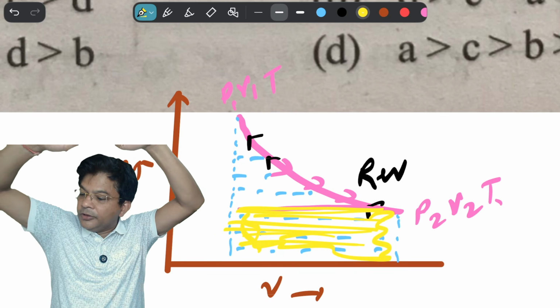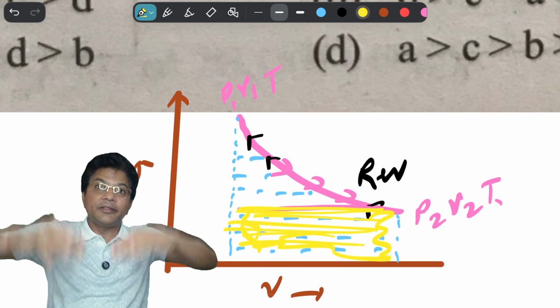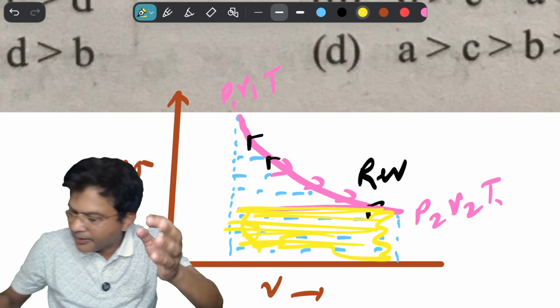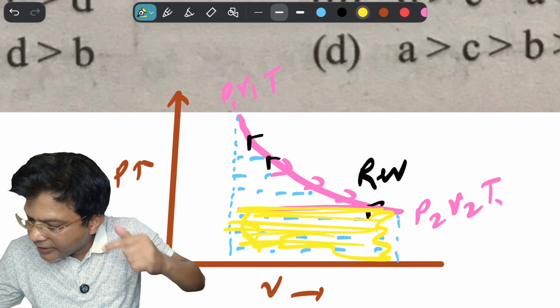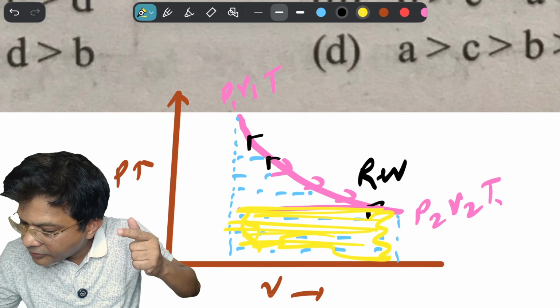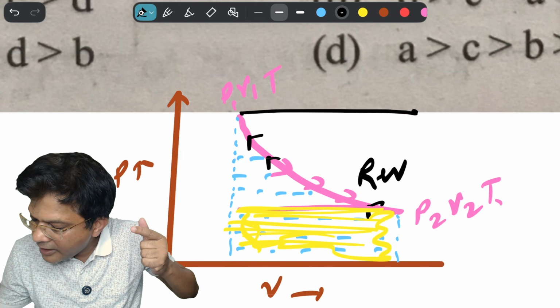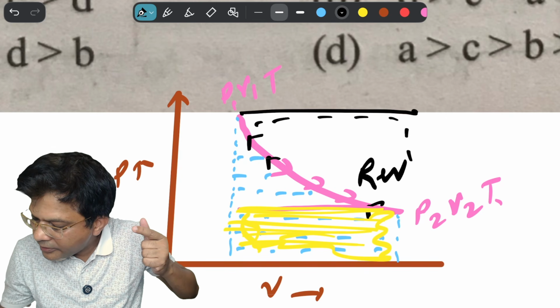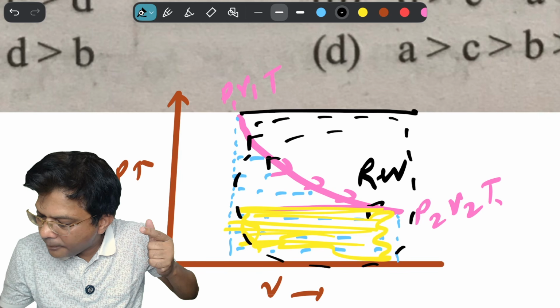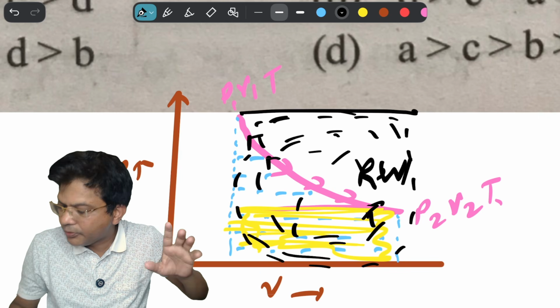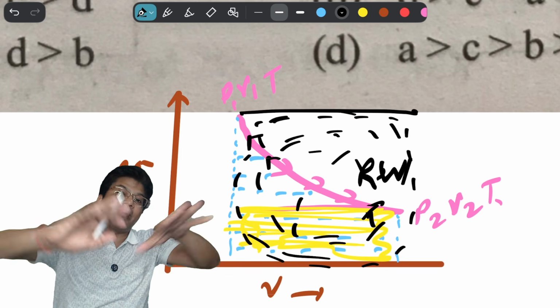Now once you are doing the compression, that means external pressure is very high, then only the compression is taking place. Then the pressure is very high, that means I have to draw it like this graph, area under this curve, this is your compression in one go, that means irreversible compression. So which one is maximum? This black one is maximum.